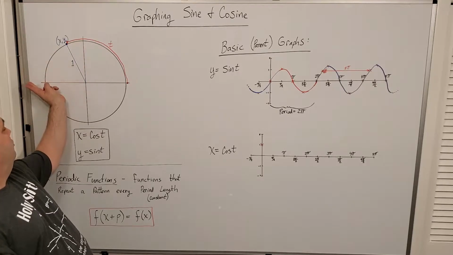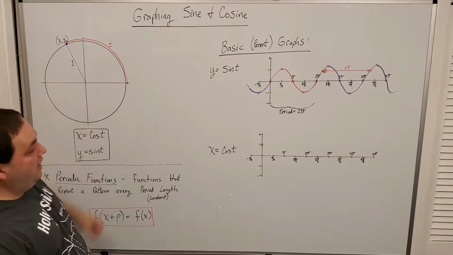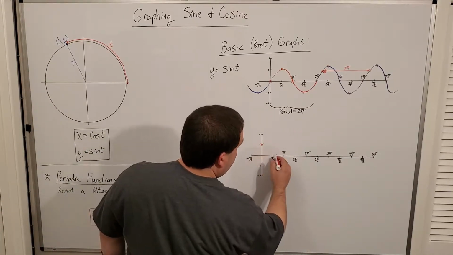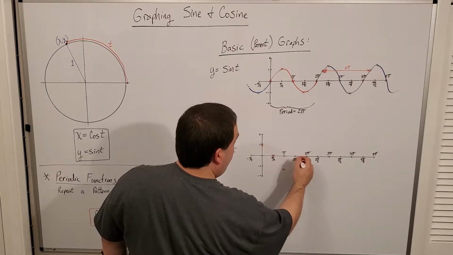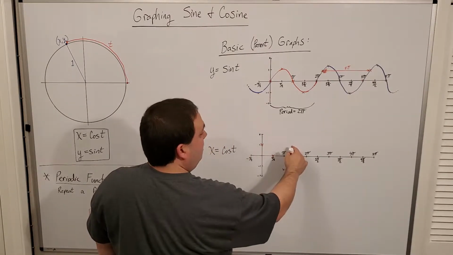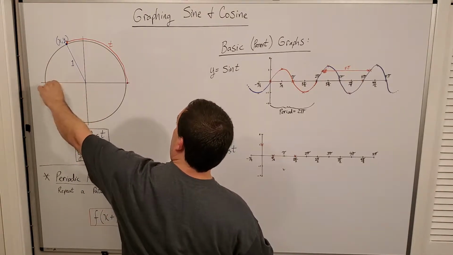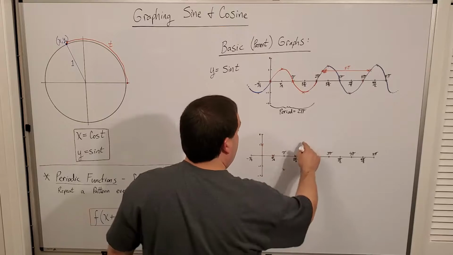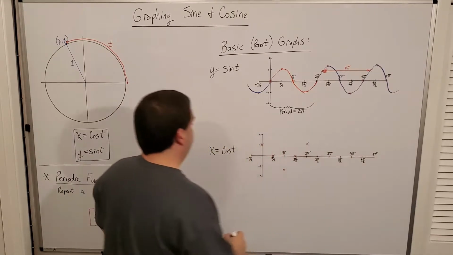And then when I hit 180, pi radians, x has moved all the way to -1. So pi over 2, 0, pi, -1. 3 pi over 2, as you can guess, would be back to 0 because as it rotates here, it's going to come back to the center. And then at 2 pi, it's going to be back up at 1.